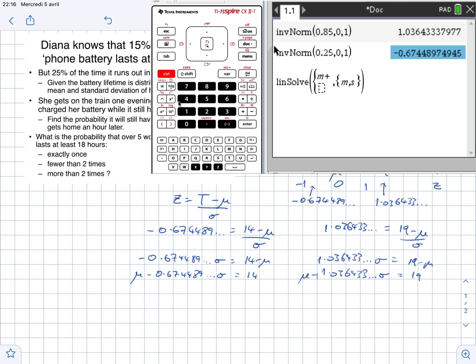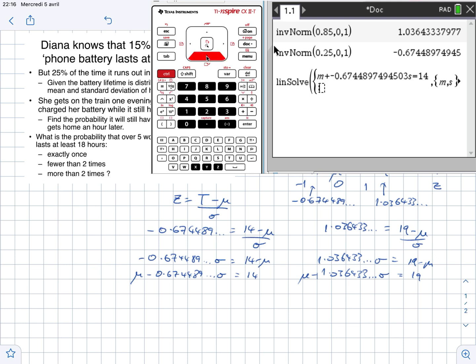So I'll do Control C to copy it to get it in the right place in the equation, and Control V to paste it in. And that is multiplied by sigma, so that's S, equals 14.